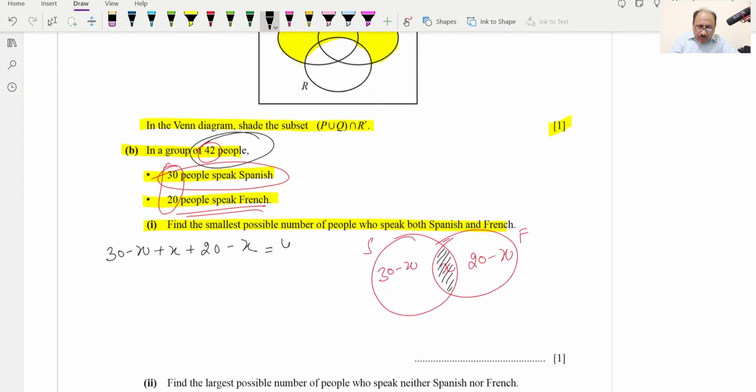So this is equal to 42. Further we can cancel plus and minus x, and 30 plus 20 will be 50. So 50 minus x is equal to 42. So x will be equal to 50 minus 42, which is 8, and x is equal to 8. This is for your understanding.